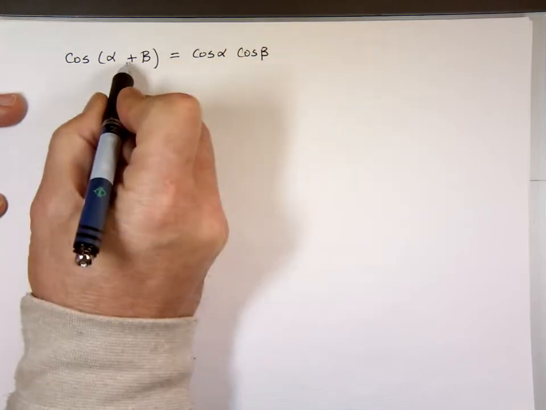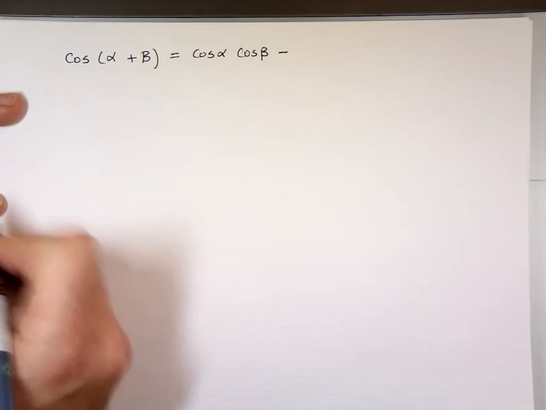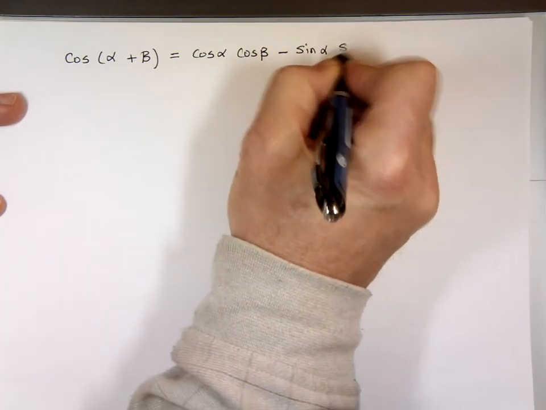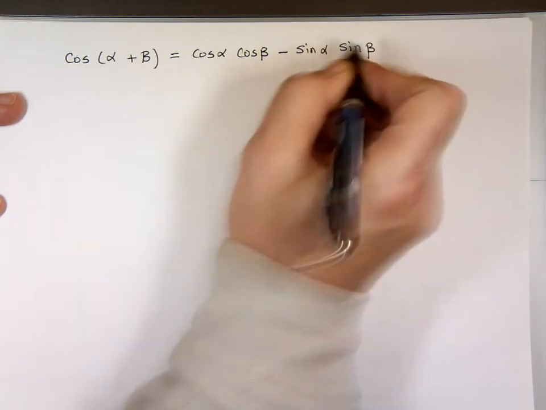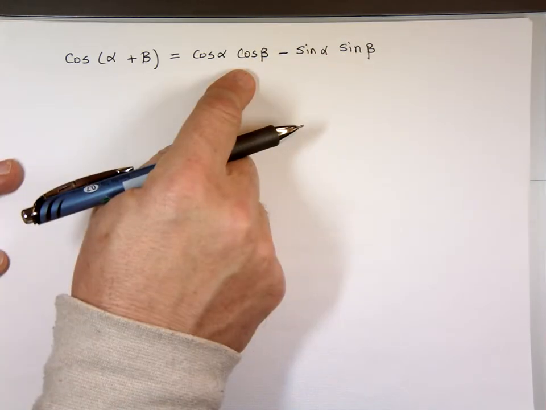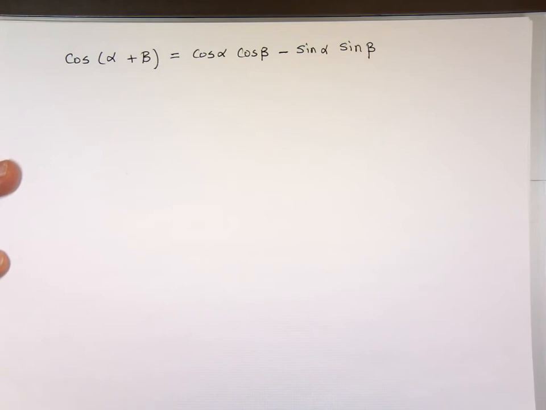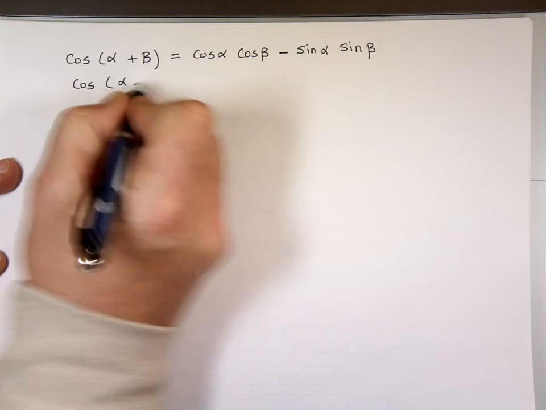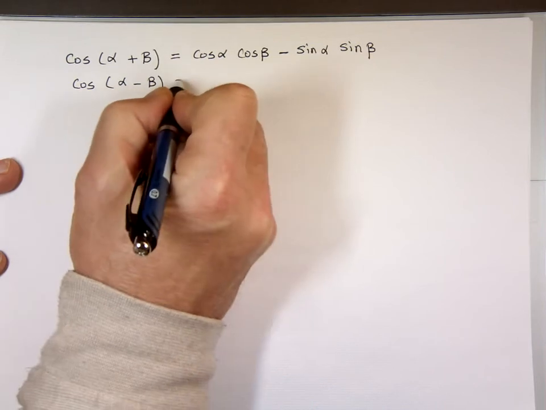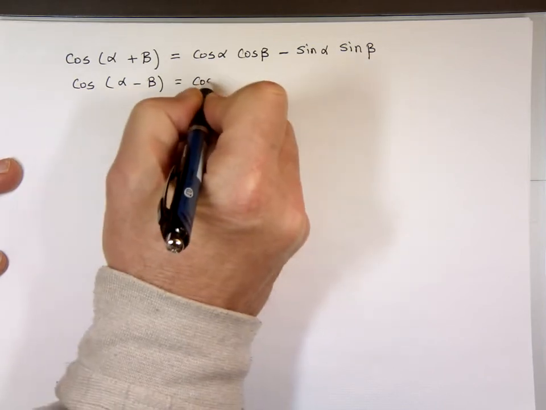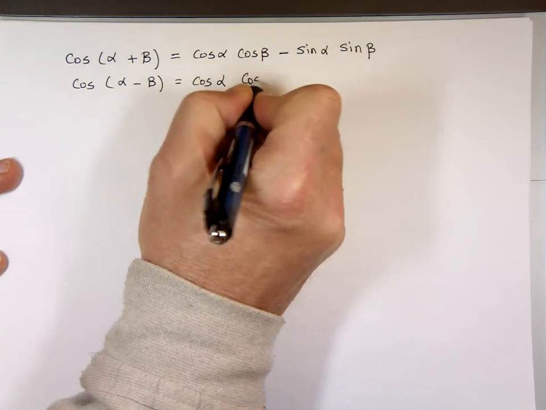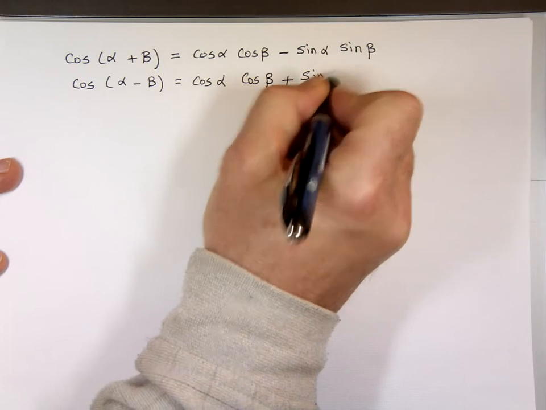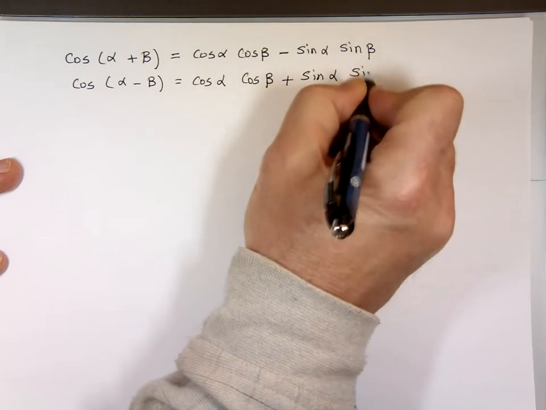And when this is a plus, this is actually a minus. Sine alpha, sine beta. So for the cosines, cosine, cosine, minus, sine, sine. And again, when this is minus now, it's cosine alpha, cosine beta, plus sine alpha, sine beta.